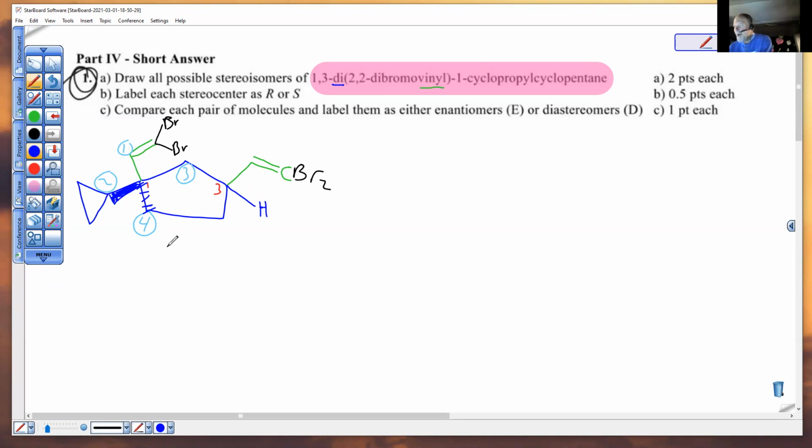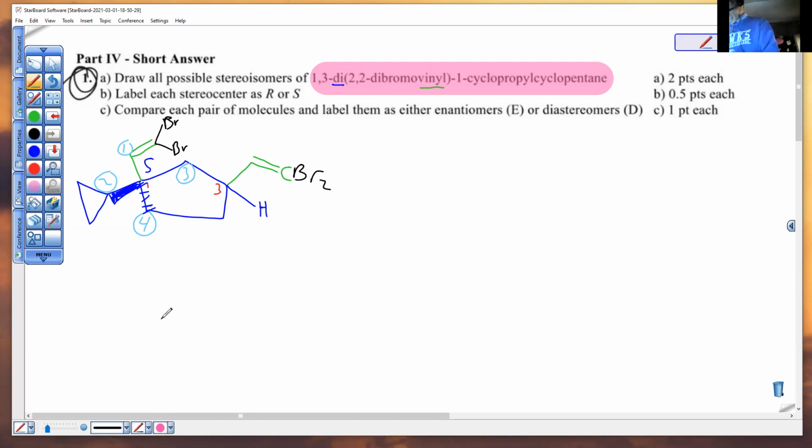All right. Now I've got the 4 on a dash, and I have a wedge on an adjacent bond, and 1, 2, 3 is counterclockwise. You need to say S near your stereocenter. Just put it right there on top of your stereocenter. Moving on to the other stereocenter. We'll do it in, I don't know, pink.